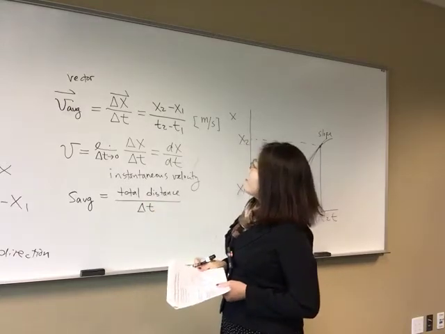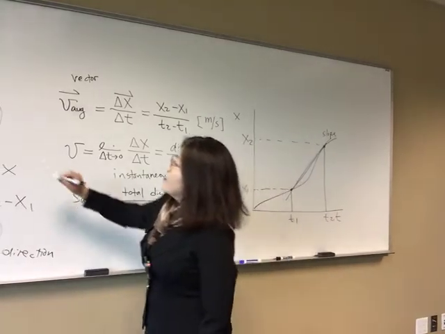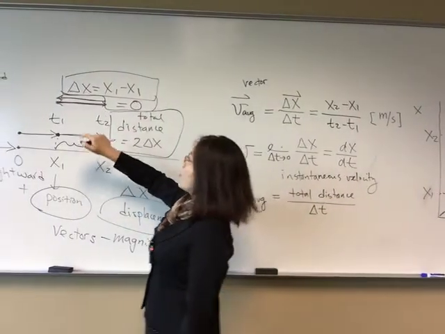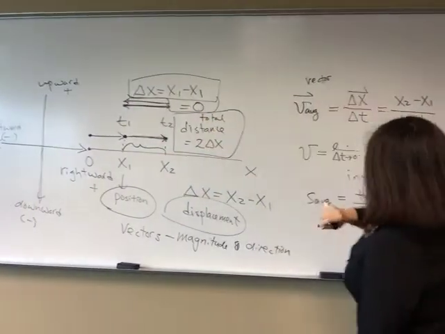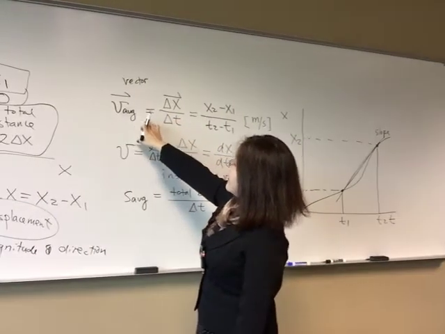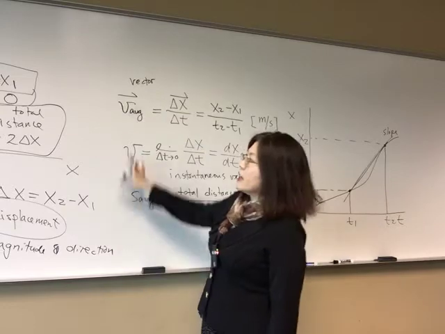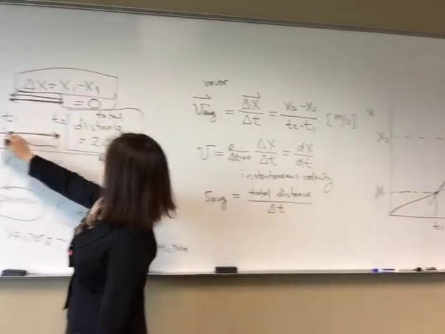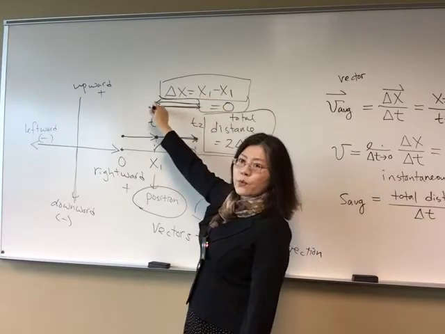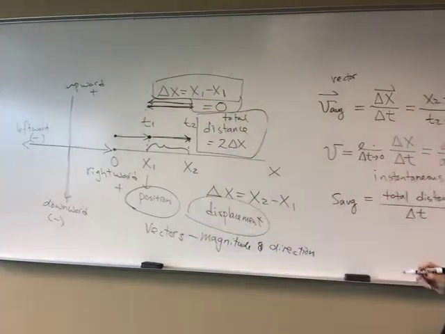Okay, so take for example, let's go back to the previous case example that we mentioned. So in this case, what will be the average velocity? And is it the same as the average speed? If you have an object initially at x1 and then go to x2 and then turn back to x1, what will be the average velocity?